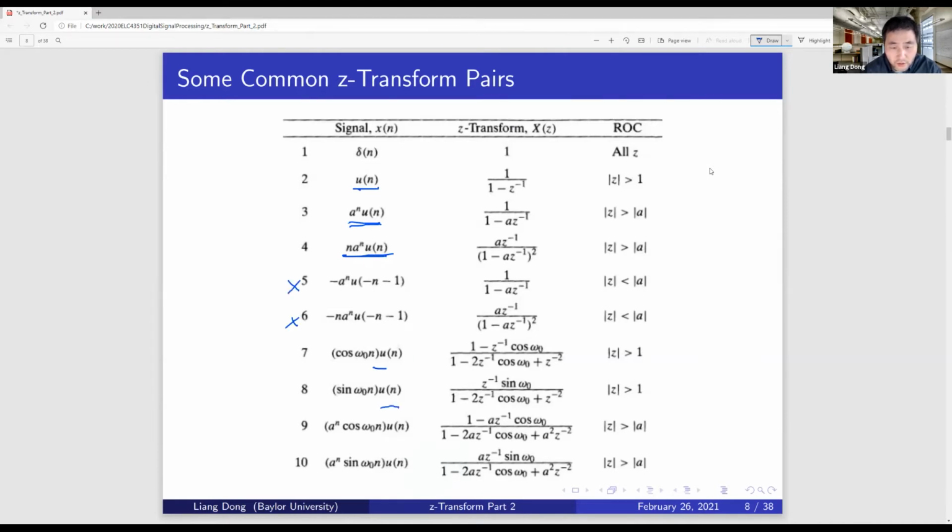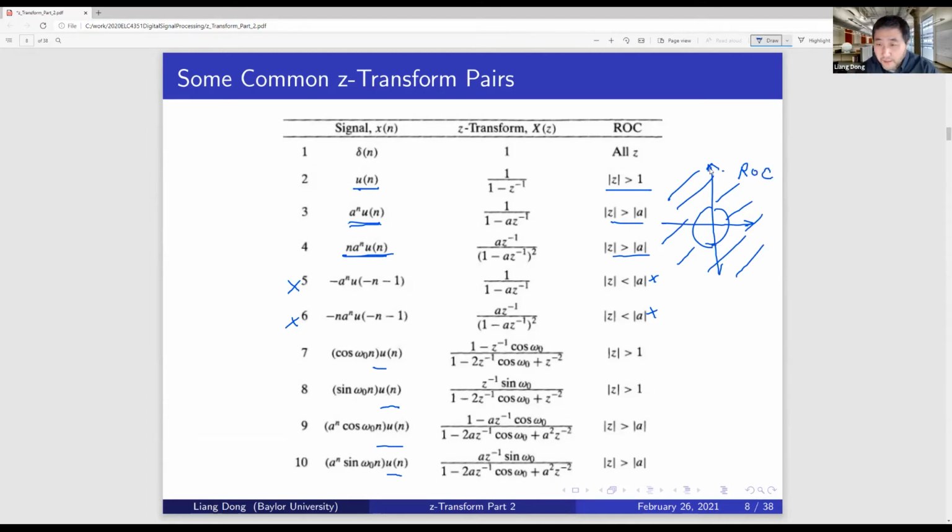So if I have a causal signal, my region of convergence is greater than something. If it's anti-causal, it is less than something, right? So what I understand is that if I have a causal system, the region of convergence is outside a circle. These are the region of convergence.